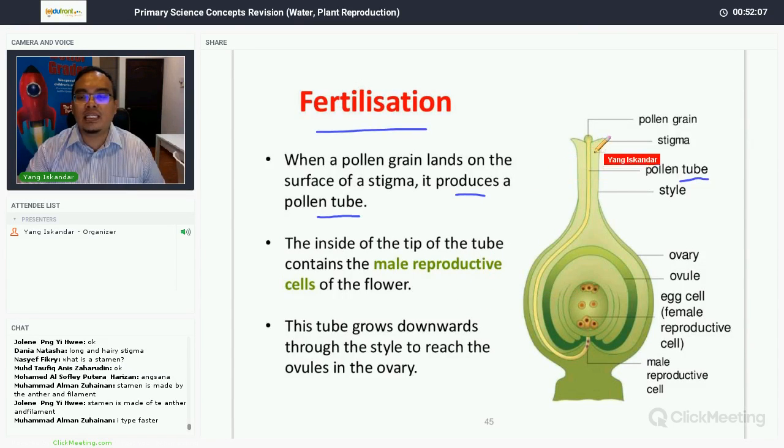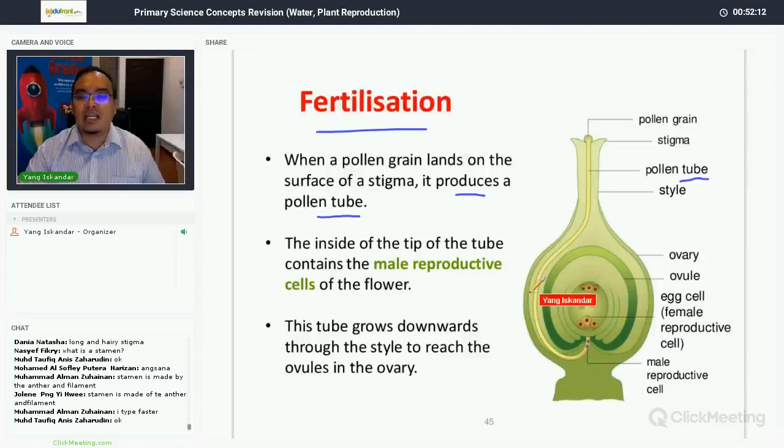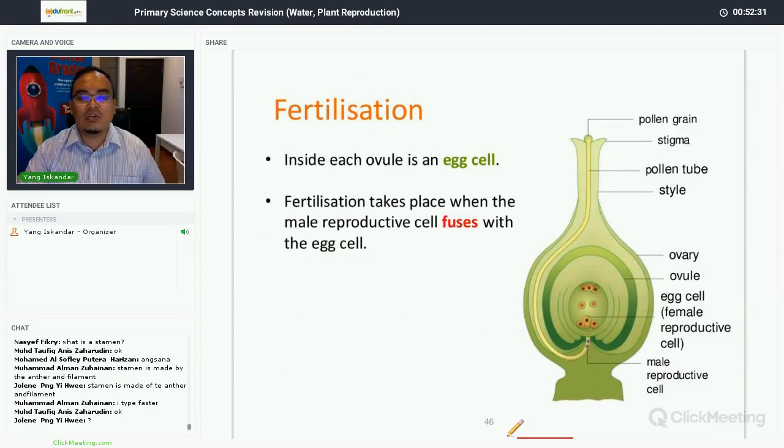From the pollen grain, it grows the pollen tube, and it goes in and reaches the ovary and the ovule inside. Why? So that it can fuse with the female reproductive cell. The tube grows downwards through the style to reach the ovules in the ovary.